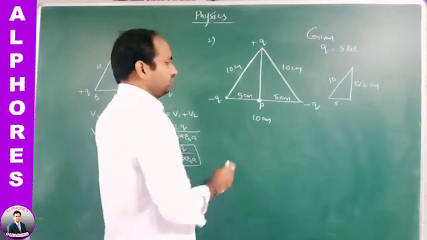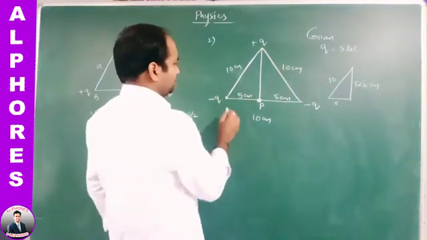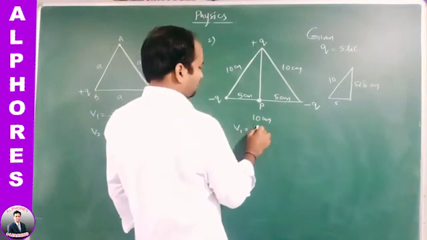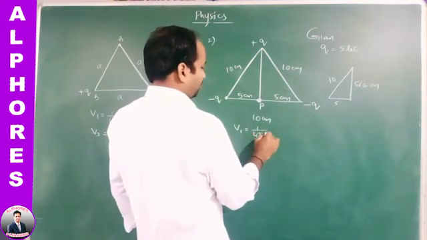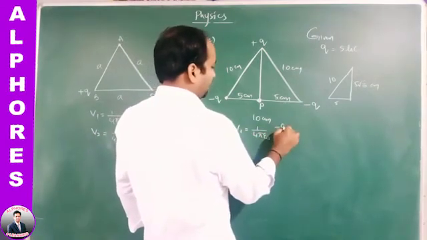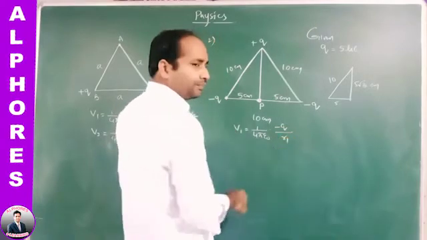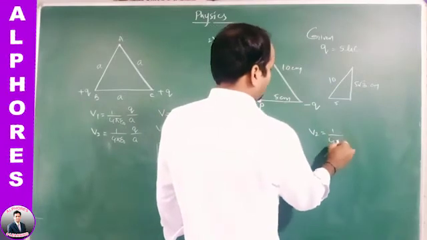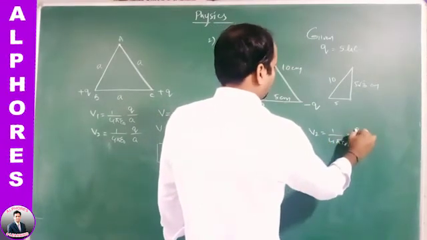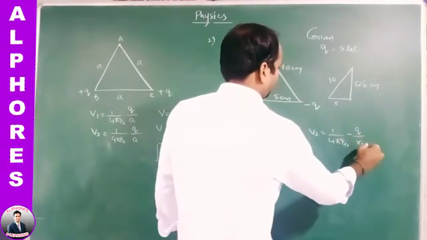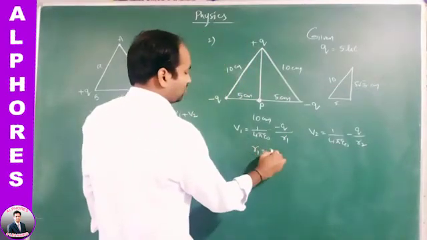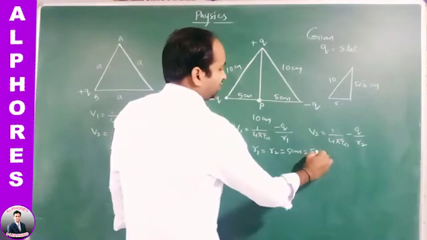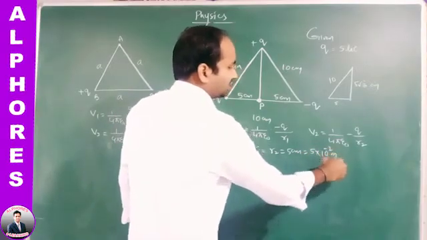Now potential due to the system of charges. Three charges are there. First one, V1 is equal to 1 by 4 pi epsilon naught times minus q by R1. And V2 is also 1 by 4 pi epsilon naught times minus q by R2. Here R1 is equal to R2 is equal to 5 centimeters, that is 5 into 10 power minus 2 meters.